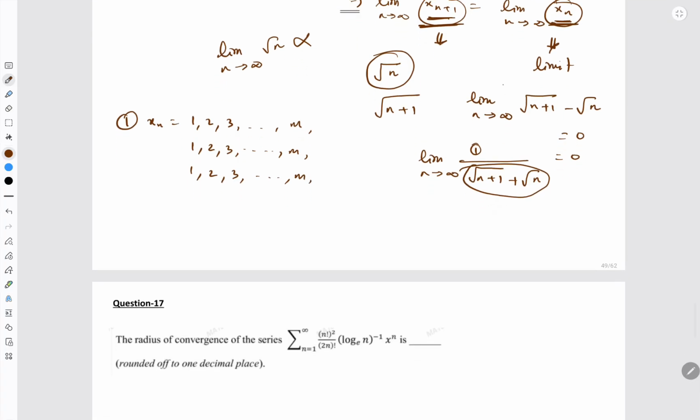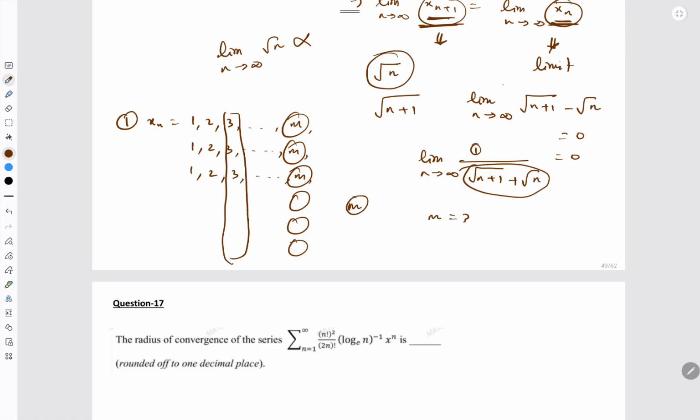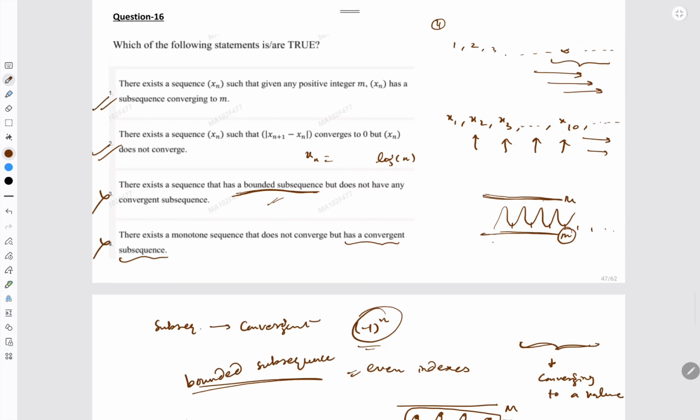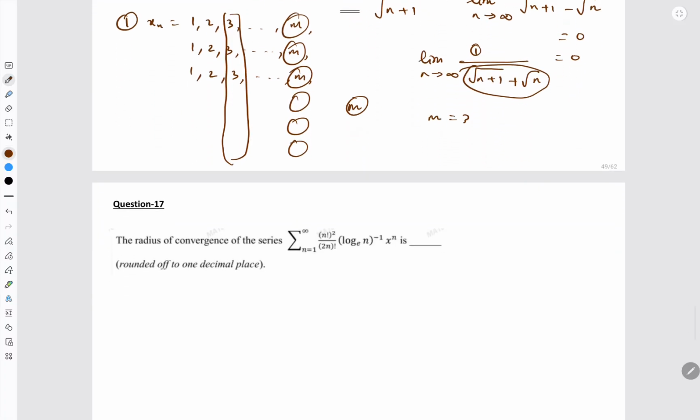So if someone is asking you to find a subsequence that is converging to m, I'll pick this and I have the availability of this number till infinity. So this subsequence is converging to m. If m is 3, then I'll pick this, right? So there will exist a sequence like that. So question number 16 is done.